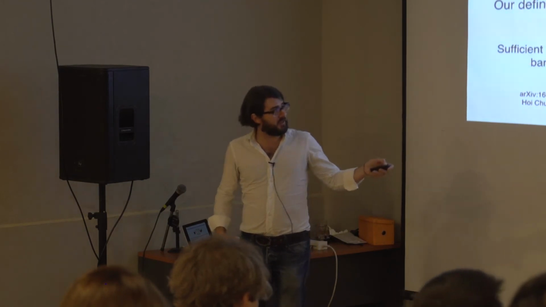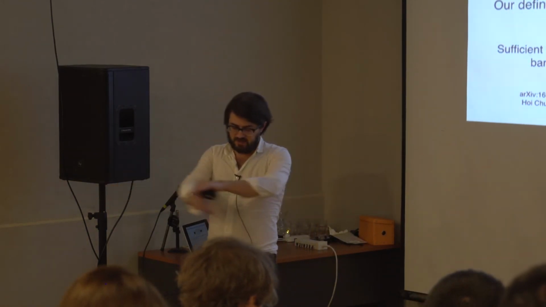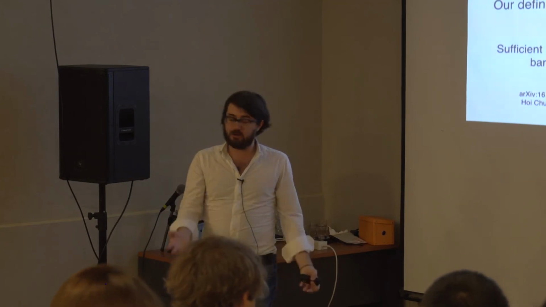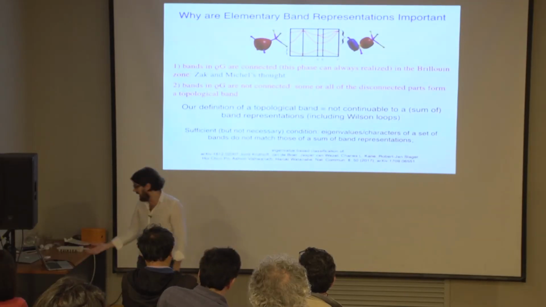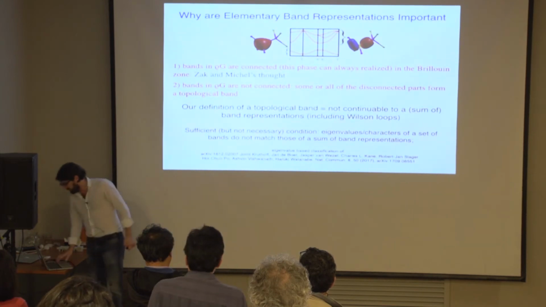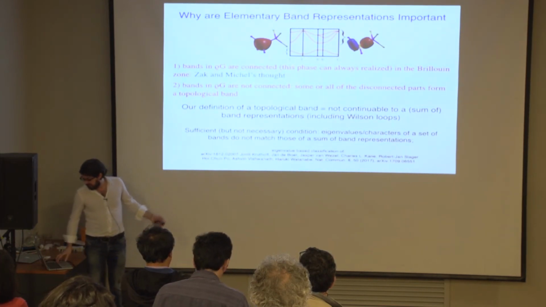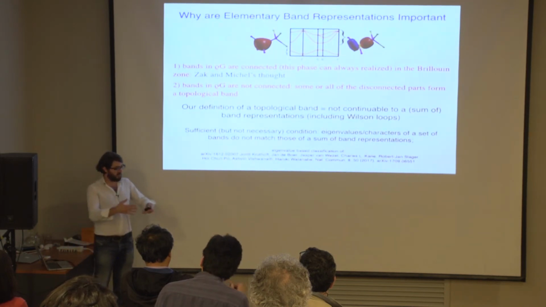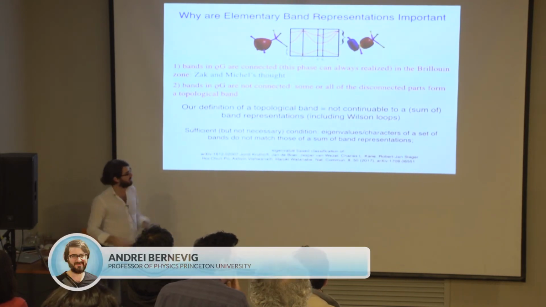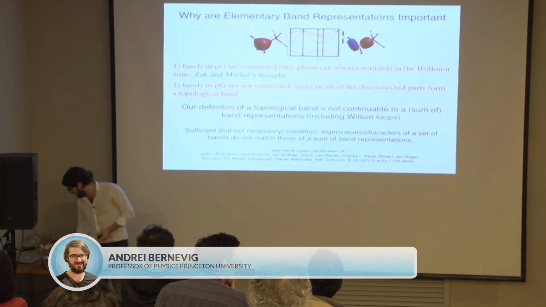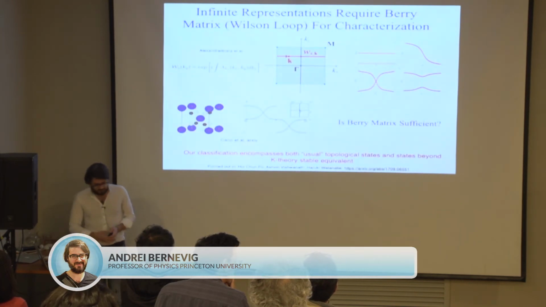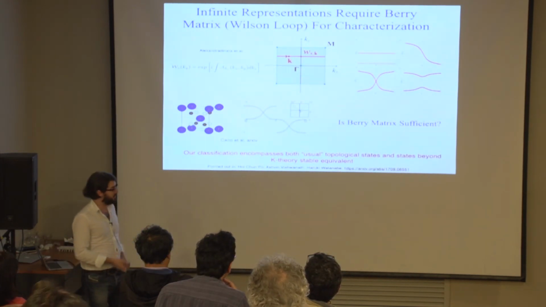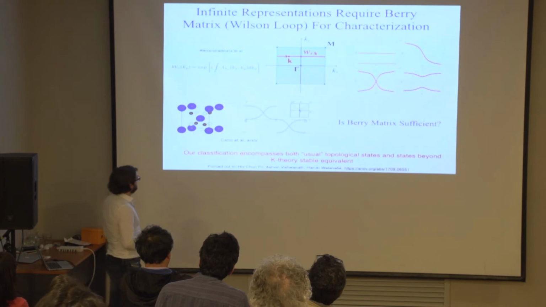So that's a sufficient thing. If I look at the material and I see the characters don't match any linear combination of elementary band representations, I know it's topological. It's not necessary because, as I said, you have Berry phases. So even if the characters are the same as those of an elementary band representation, you can still get topology because the characters don't fully classify the elementary band representations because of Berry phases.